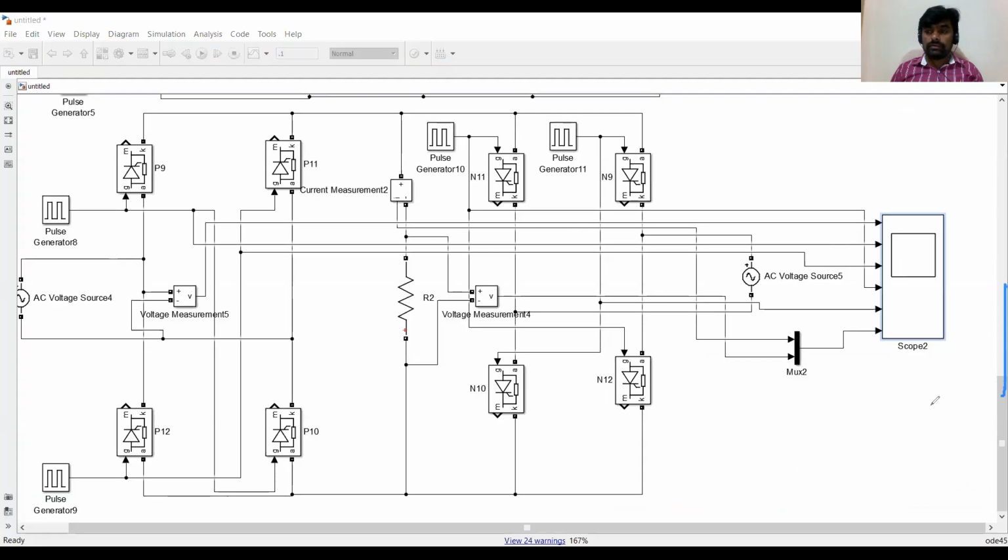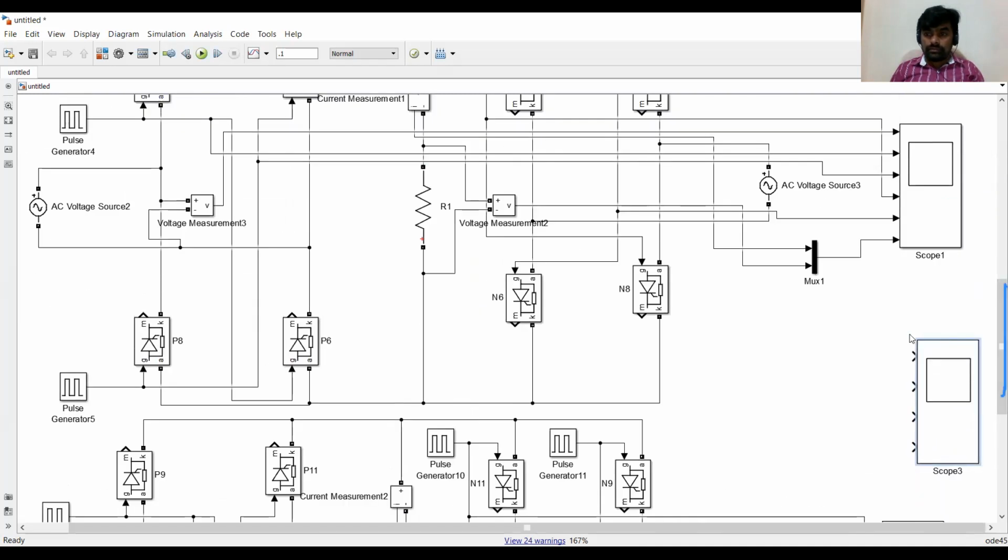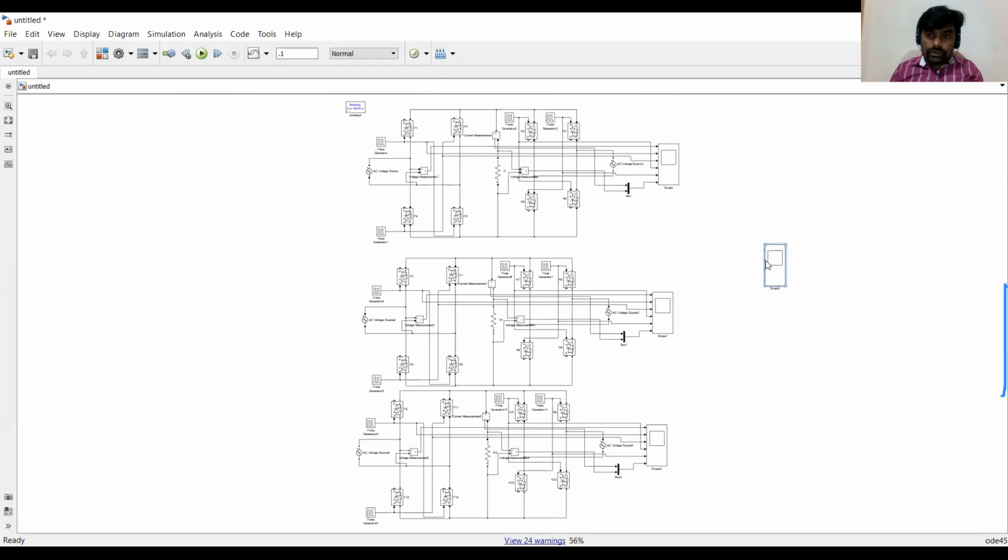Now I will take one scope here. All right. So let me take 4 instead of 6 cycles. I will take 4 cycles only now. Right, and now I want to first see the input, then at 30 degree, 60 degree, and at 90 degree.